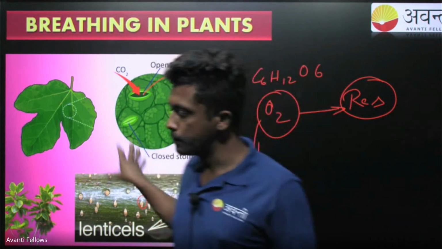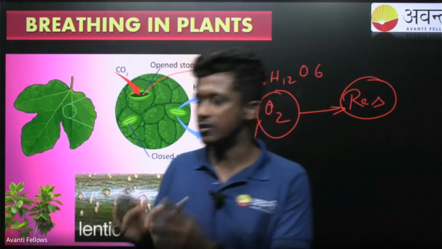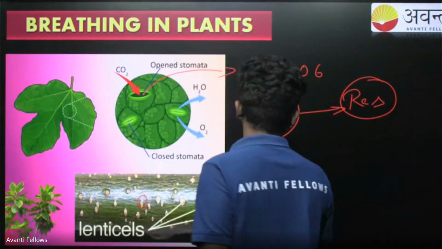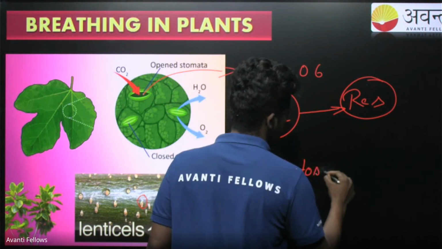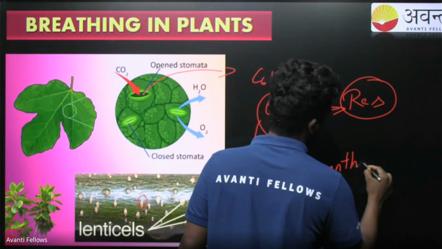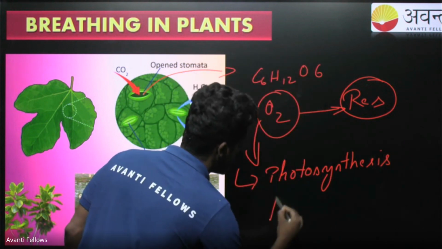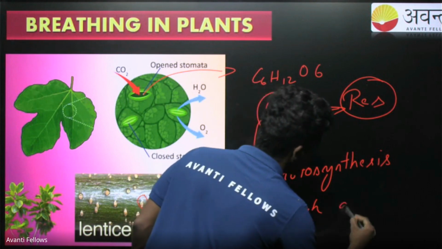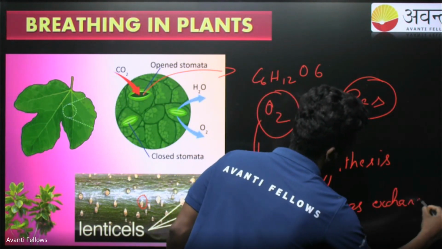So this breathing process actually happens at a very specific space at a very high rate. For example, during the process of photosynthesis, there is a very high rate of gas exchange happening.